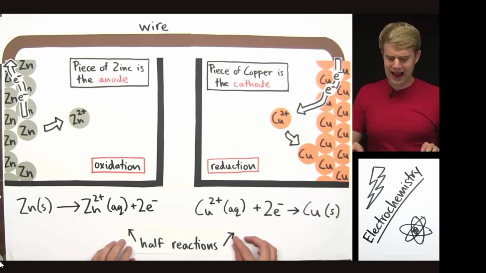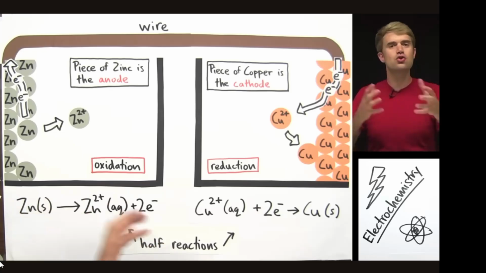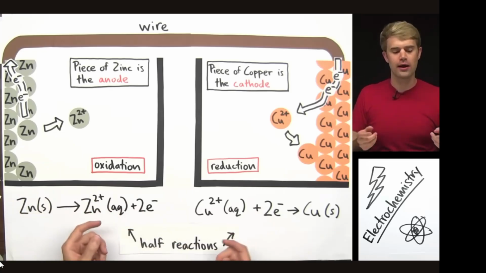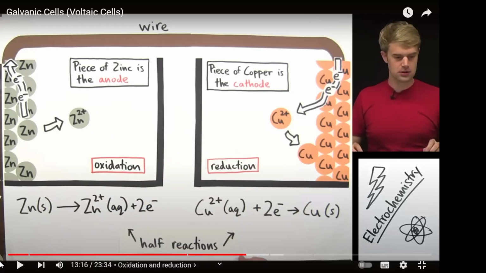Now these 2 reactions that I wrote, we call them half reactions because each one of them tells half the story of the oxidation reduction process. So this whole thing is a cell. So each half, each beaker, is a half cell. Okay, so you have the oxidation half cell and the reduction half cell.